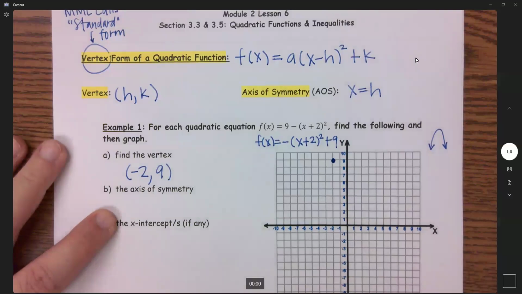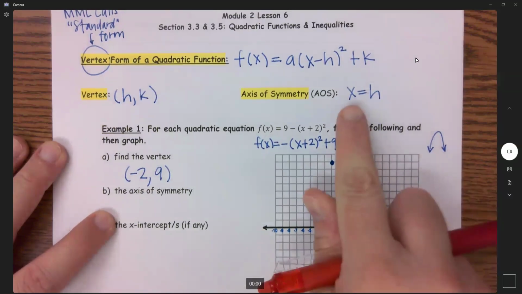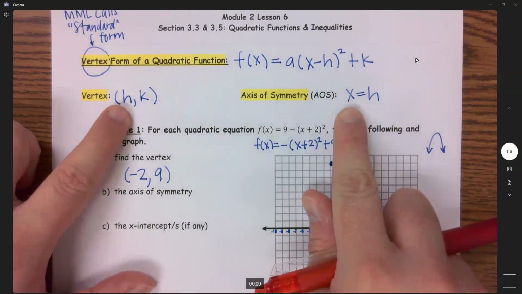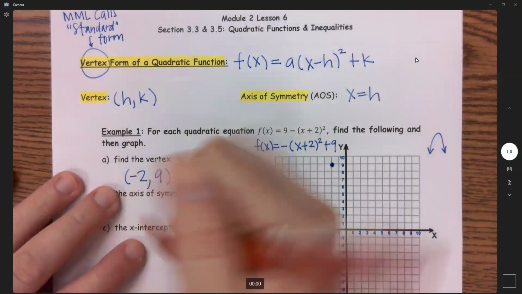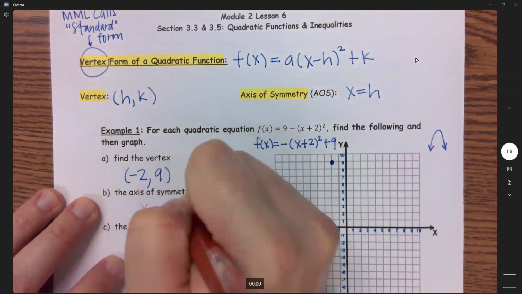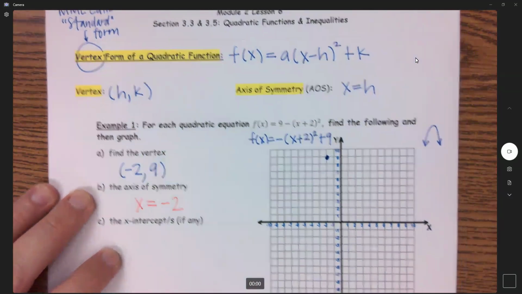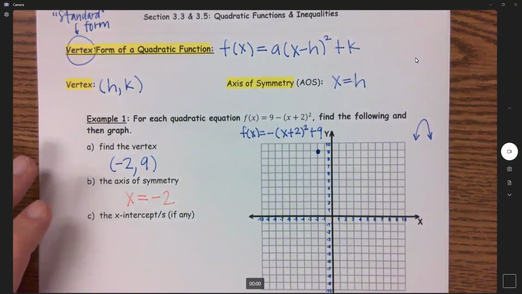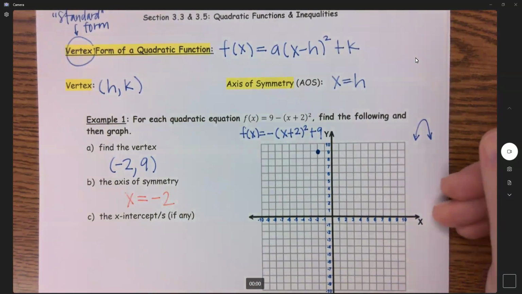And then the axis of symmetry is x equals your x coordinate here. So x equals, in this case, negative 2. Now, I can't remember if your homework asked you to put a dashed line for your axis of symmetry.